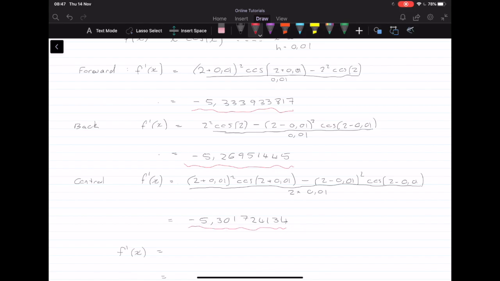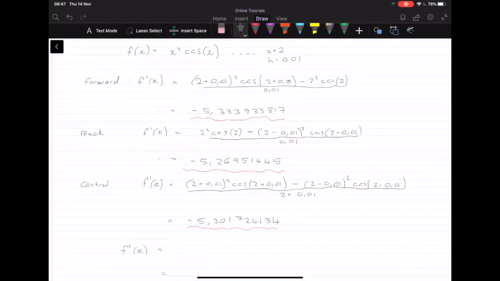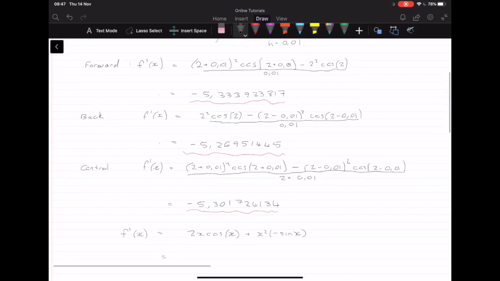Because this is such an easy function, we can actually differentiate it using the product rule, and we will get 2x cos of x plus x squared times minus sine of x. If we plug x equal to 2 into there, we get a value of minus 5.301777053. This is the actual value of the derivative. Let's compare these now.